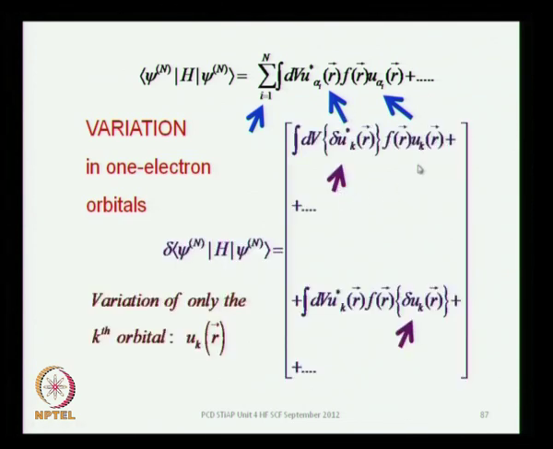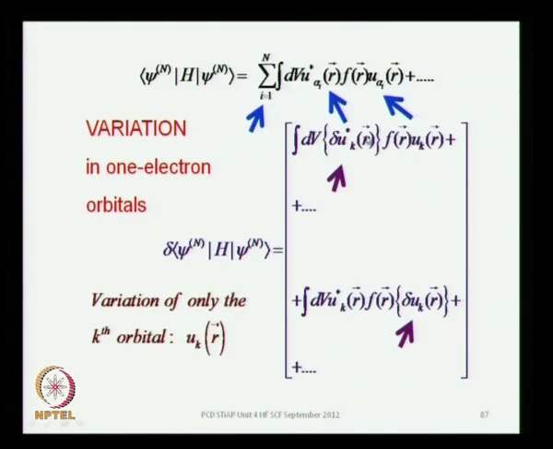Whenever this alpha i does not correspond to the kth orbital, that variation would vanish and the whole integral would vanish. The only term that will show up in your analysis is the one corresponding to the kth orbital. From the variation in this you will get delta u k star r, and then you have the rest of the term from the first orbital. Then these dots represent all the other terms which include the 2 electron integrals.